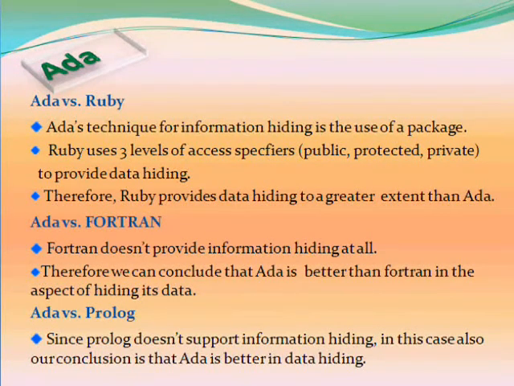Now we come to the comparison between Ada and Prolog. Just like Fortran, Prolog does not support information hiding at all. In this case, Ada is better than Prolog since it provides hidden data through the use of packages.